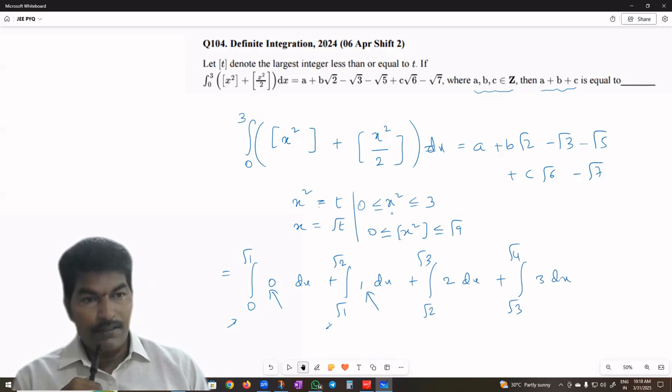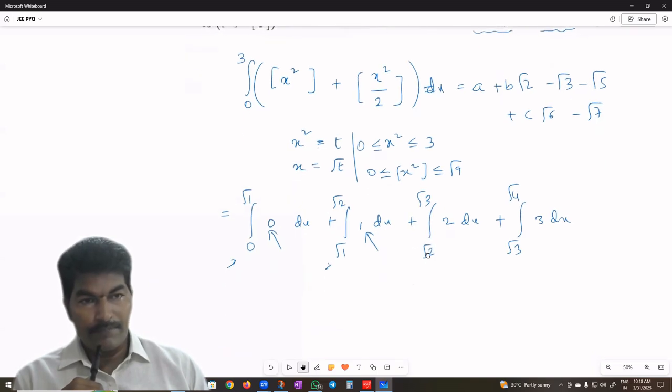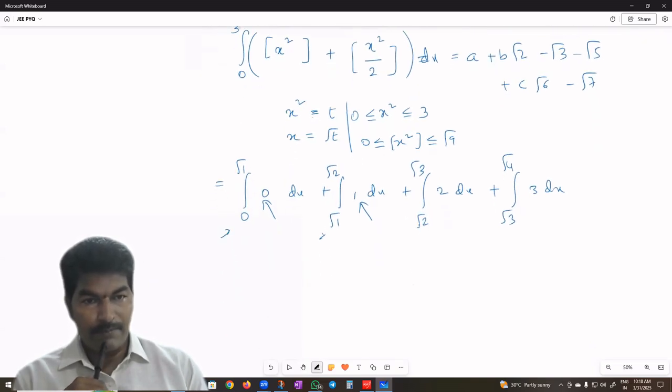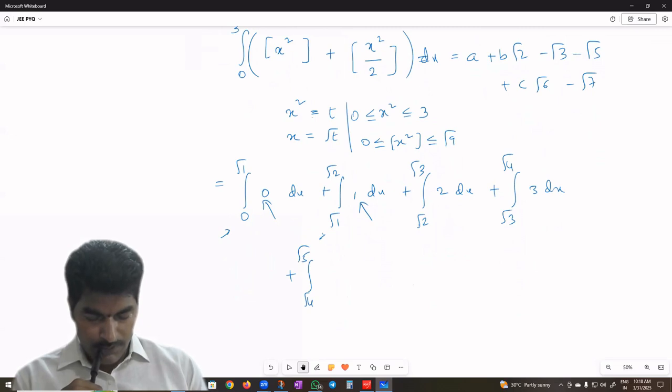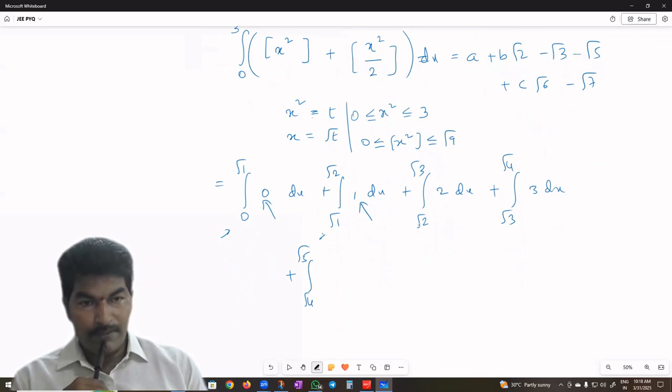Next, step by step: √4 to √5, what number comes? 4. Next, √5 to √6, which one comes? 5 dx.